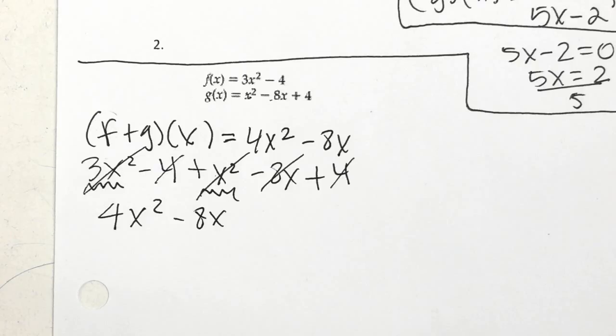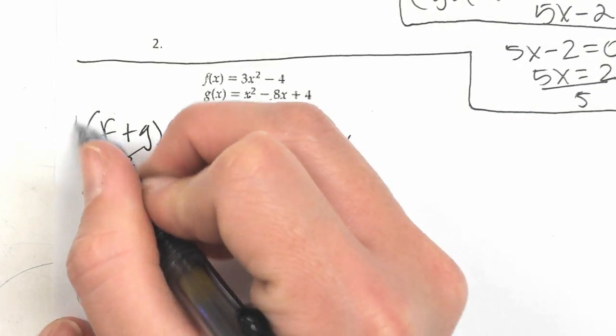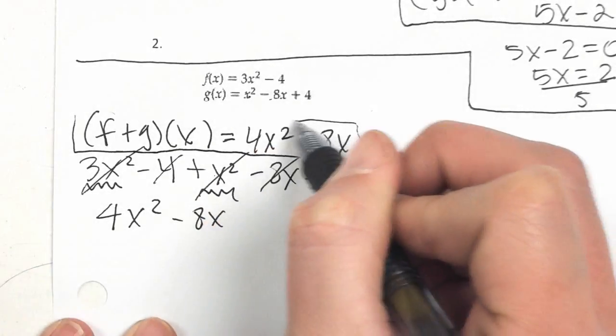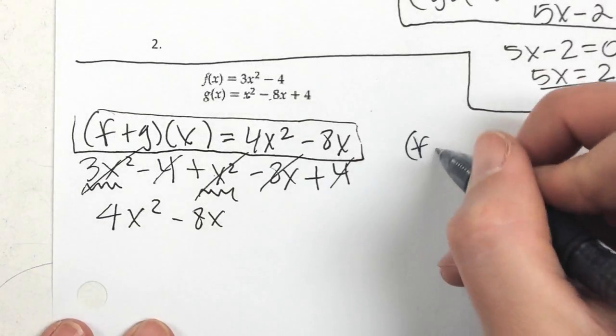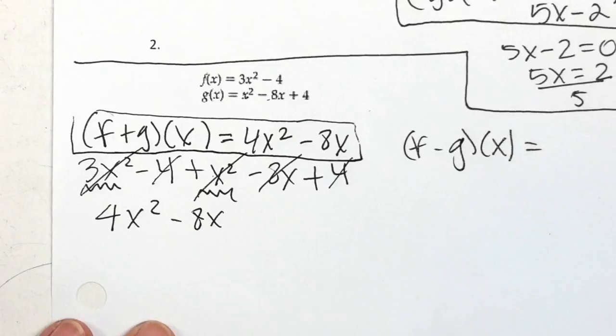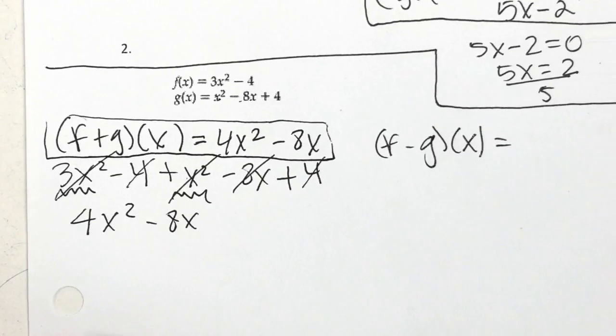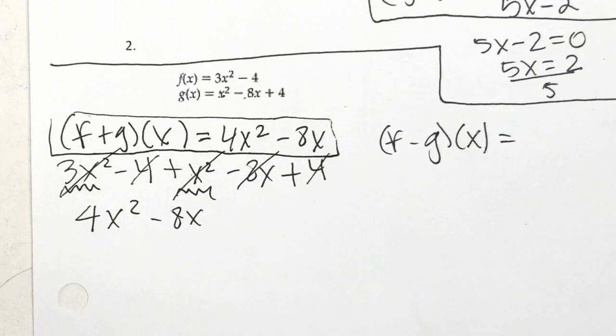Everybody's good? Alright, so go ahead and find f minus g of x on your own. And I'll call on someone in just a second. So same thing except all these signs are going to change.